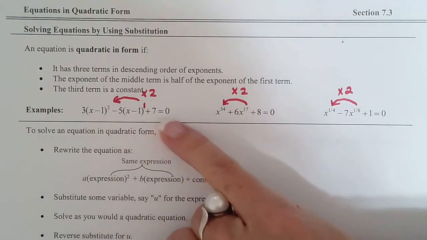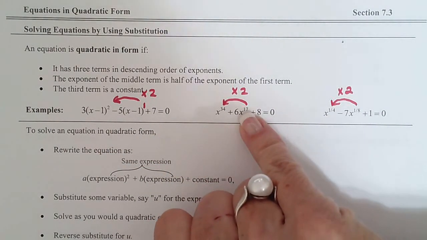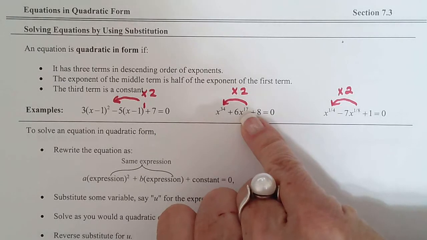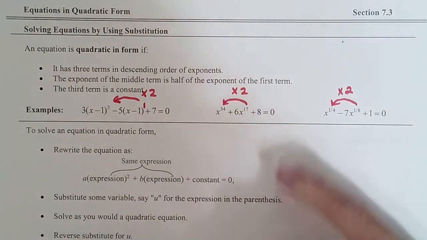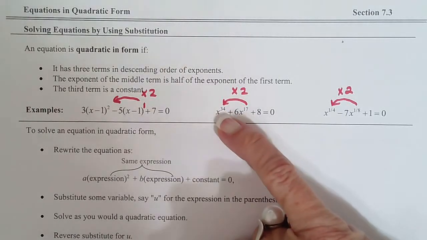There's 3 terms in descending order, and when you multiply the exponent of the middle term by 2, you get the exponent of the front term. And because they have 3 terms and fit this property, that's going to allow us to factor. So we get to use things that we can use on quadratics, even though some of them aren't quadratics. This isn't a quadratic.